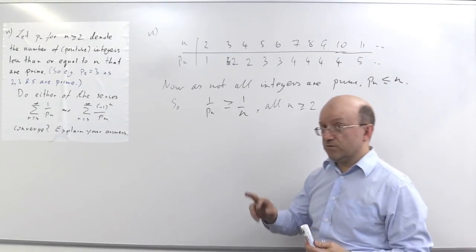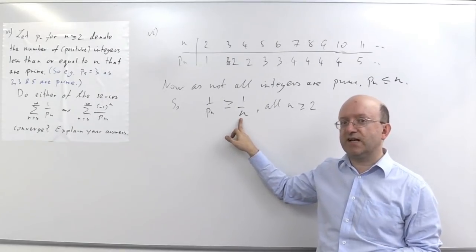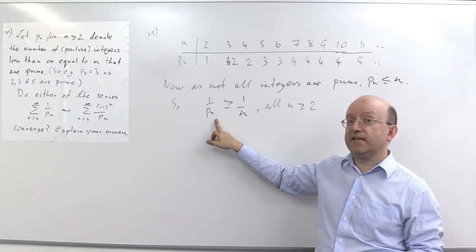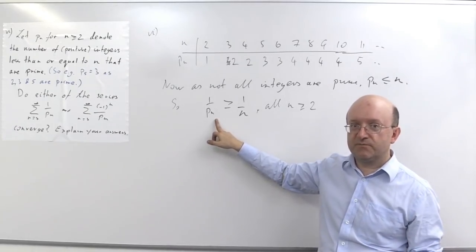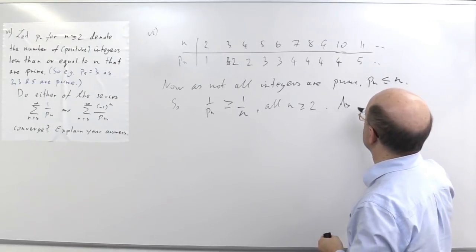Now what we know is that if we sum 1 upon n, that's the harmonic series, and the harmonic series diverges. Sigma 1 upon n diverges, and 1 upon Pn is a sequence of bigger numbers, so that must diverge too. And that's the comparison test.